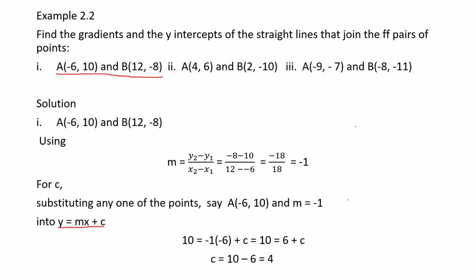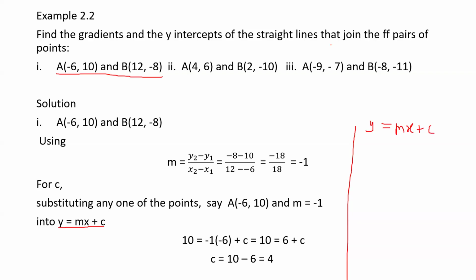Yes, sir. Good. So we have the gradient m as -1. Then we have c as 4. So therefore, we can write the equation of the line that joins these points as y equal to, now let's substitute m and c into this formula to get our equation.